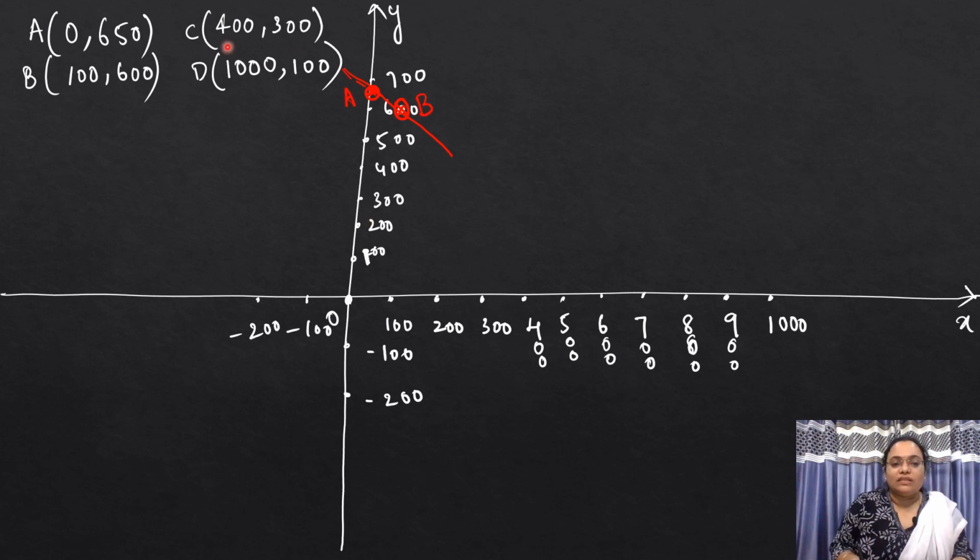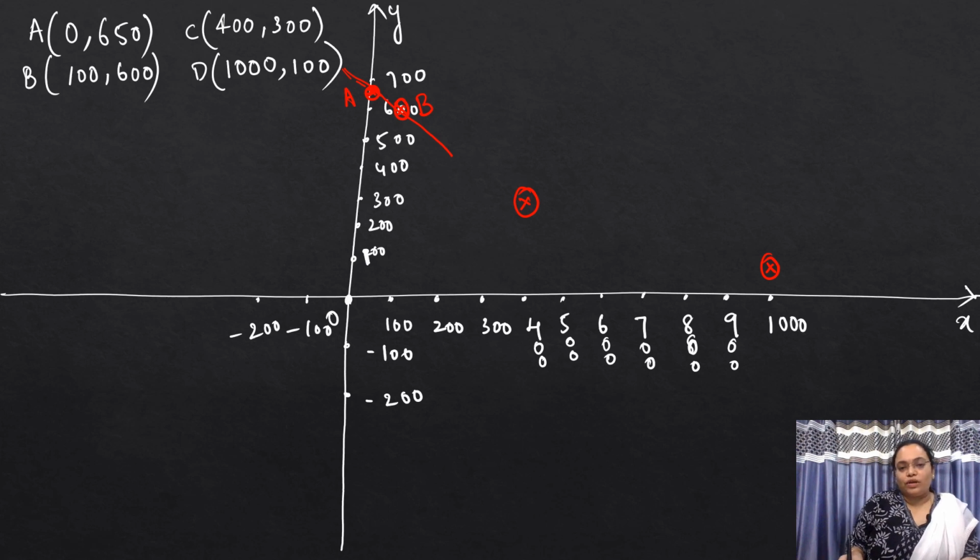The next one is 400 and 300. 400 on the x-axis and 300 on the y-axis, which is here. Okay. And the next one is 1000 and 100. 1000 on the x-axis and 100 on the y-axis is here. Okay.